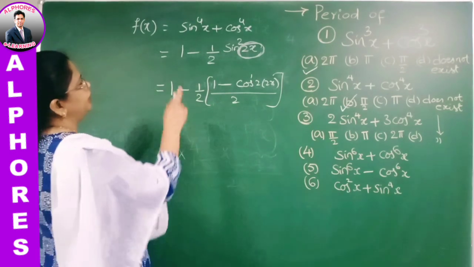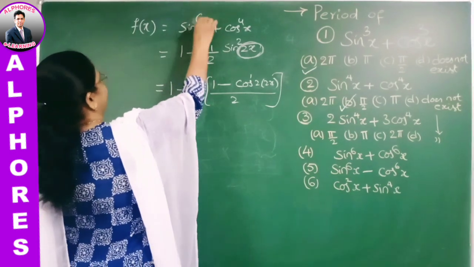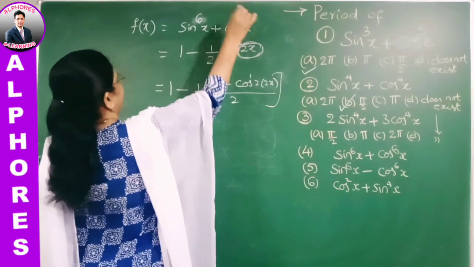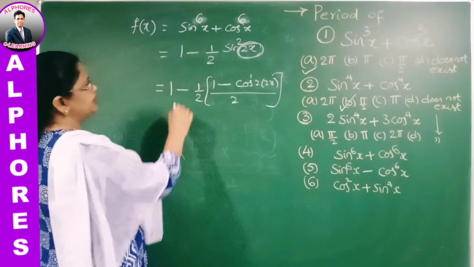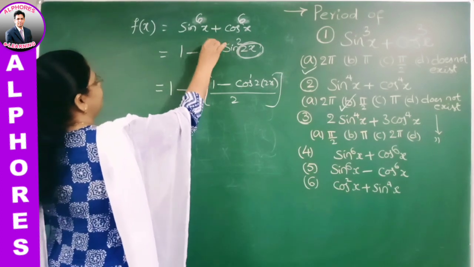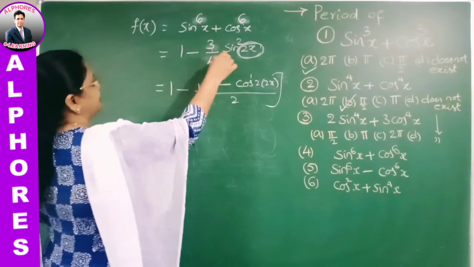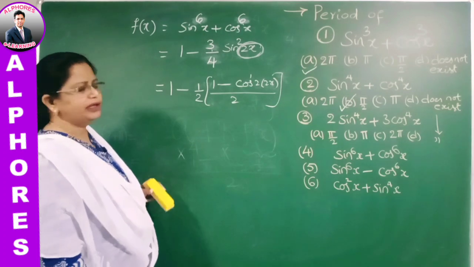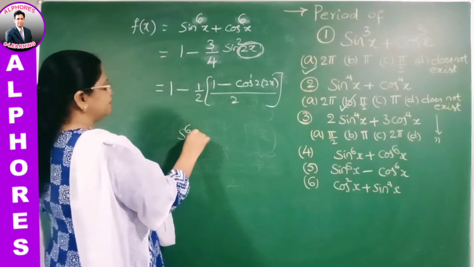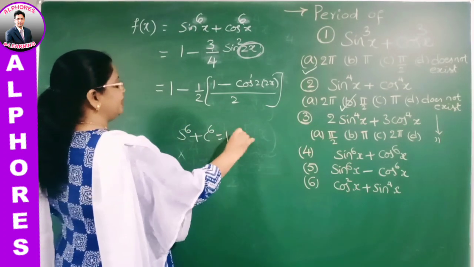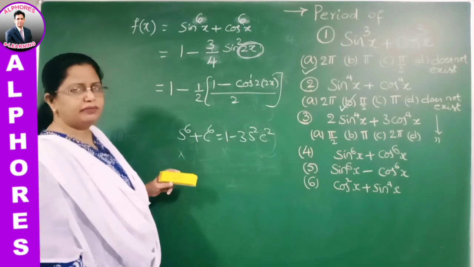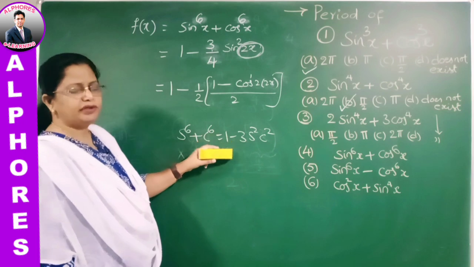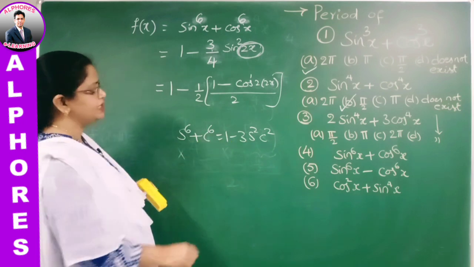In the same way, if it is 6 given, sin power 6 plus cos to the power of 6. What is the formula we have? 1 minus 3 by 4 times sin square 2x. Okay, remember sin power 6 plus cos power 6 is 1 minus actually 3 sin square cos square. This is one of our known formulas from trigonometric ratios and identities.